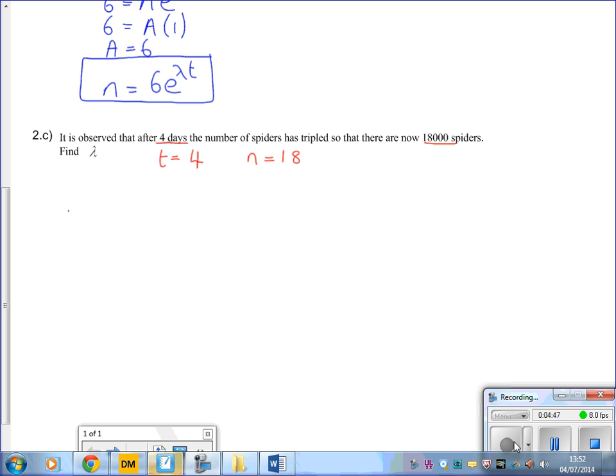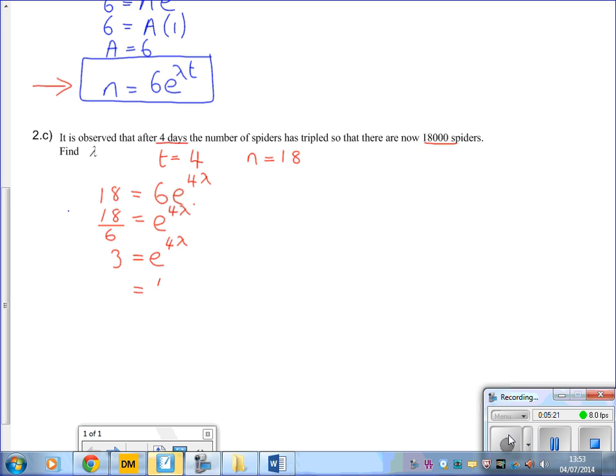I'm going to put these values then into my answer from part B. So I'll have 18 equals 6 e to the power of 4 lambda. I'm going to rearrange this then to find lambda. I'll have 18 divided by 6. So 18 divided by 6 is 3. So I've got 3 equals e to the 4 lambda.